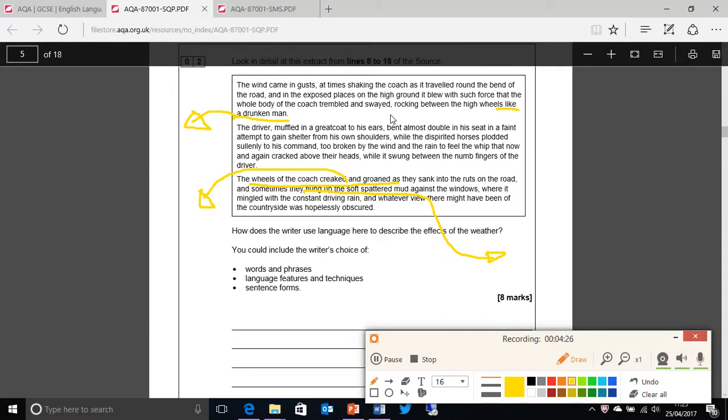So you'd make a point about the impact of making the movement of the coach like a drunken man, the impact of describing the coach wheels creaking and groaning, as opposed to just using one of those words or alternative words, and then the flung up, the soft spattering mud, the sounds that you've got going on there, that would make another paragraph. So I suggest that you give this a go and then go back and look at the mark scheme and see where you would put yourself.